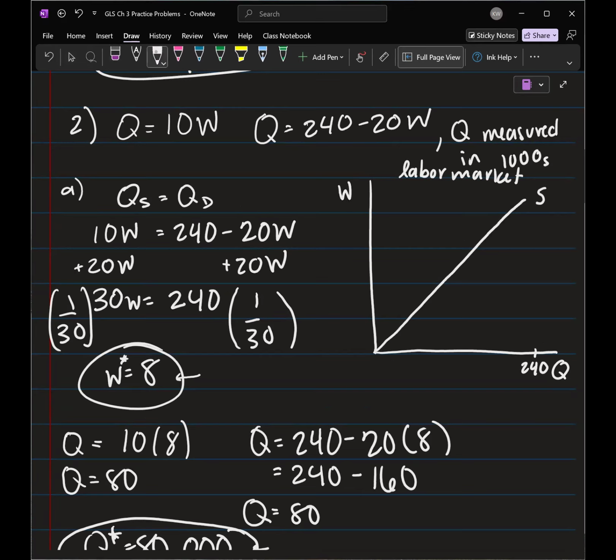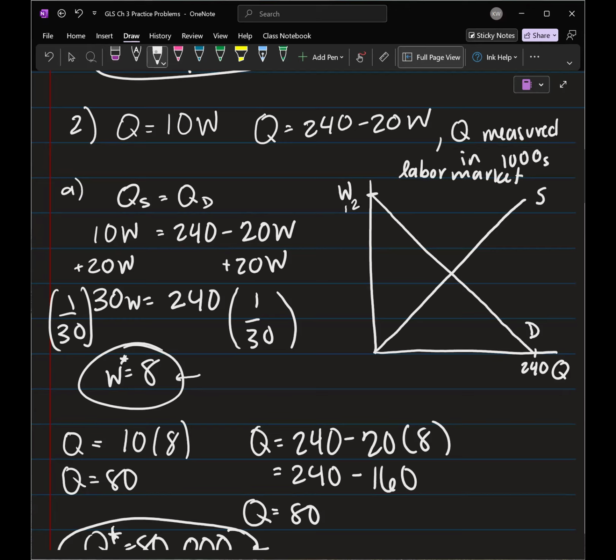And then we want to find the price or wage when no workers are hired, right? When employers don't want to hire workers for any amount of time. So if we substitute 0 for quantity and solve for the wage, we're going to get $12 as that choke price. And so we can go ahead and draw in our demand curve.